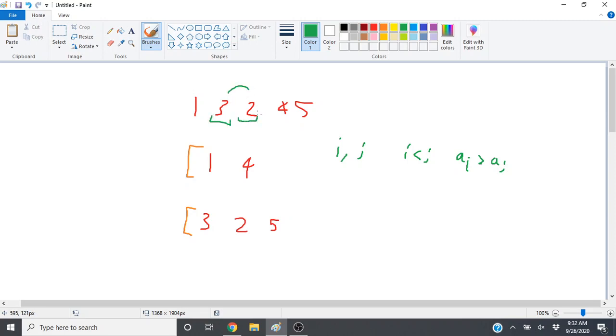This position is less than this, but this is greater than this. It's kind of like being out of place in the sorted version of the array. That's one way to think about it, but basically you just have a greater element before a lesser element. And if you count the inversions in both of these sequences, you want their totals to be equal. That's how it works.